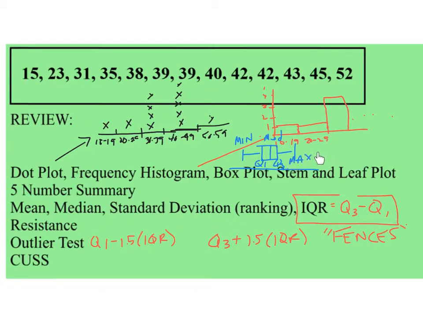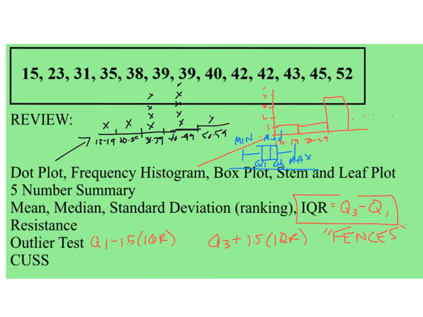And then we put dots for outliers. And I just wanted to remind you that these fences that we calculate, they do not appear on the box plot. The box plot is for actual data points, not fences that we've calculated. So for example, if 52 were an outlier, then 45 would be the edge here, not that calculated fence. And then we put a dot where 52 goes.